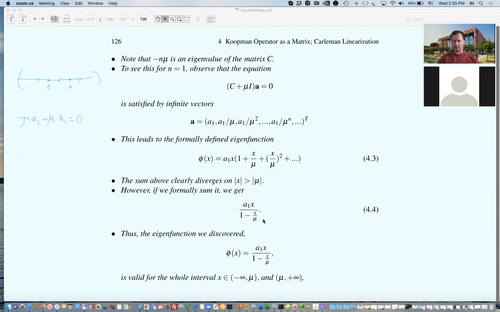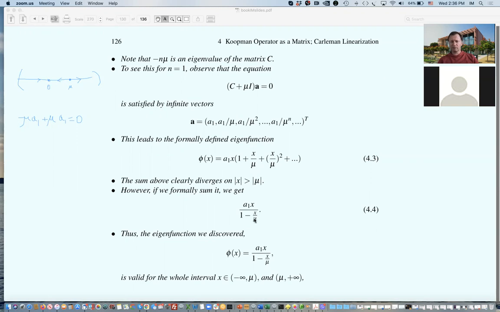As I said, I'll verify that this is an eigenfunction in a moment, but it should be, according to the fact that we have just represented the operator as a matrix, and we found its eigenvector, and that eigenvector corresponds to this eigenfunction. But what is interesting is that this expression here is actually valid for all x, except for one point.